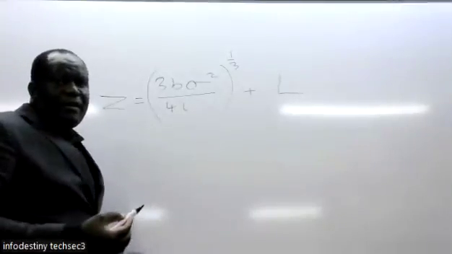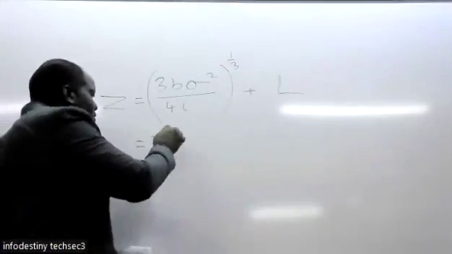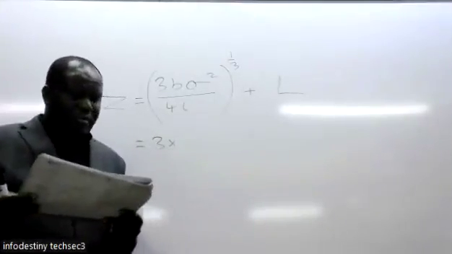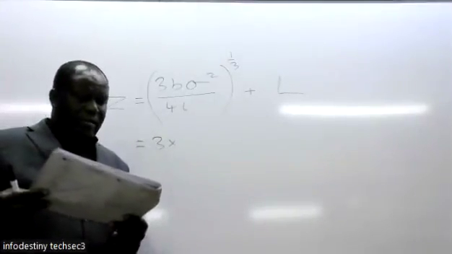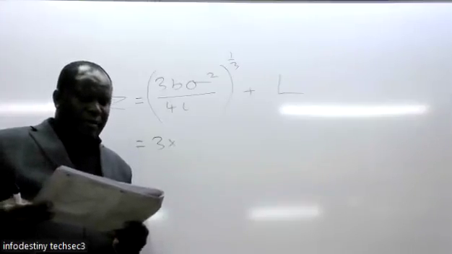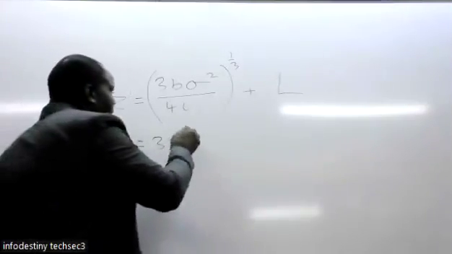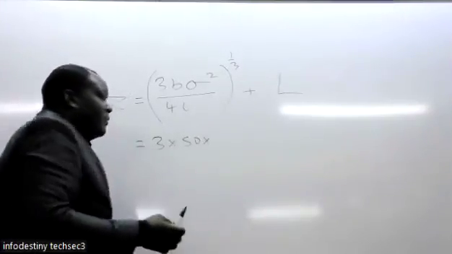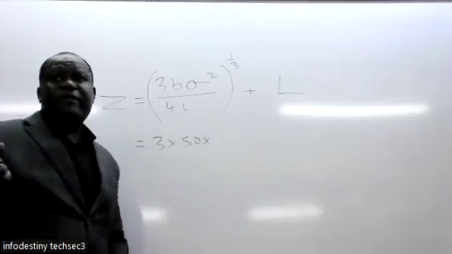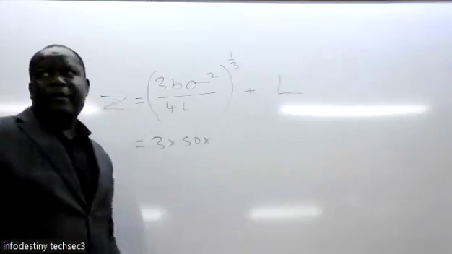So B is what you have been given in note number 3. The transaction cost for buying or selling the securities is 50. So multiplied by 50.